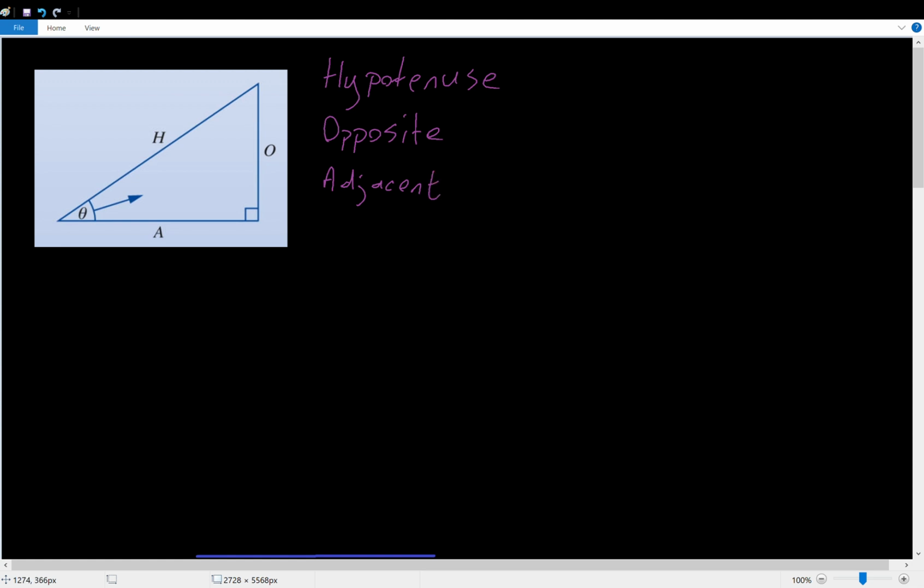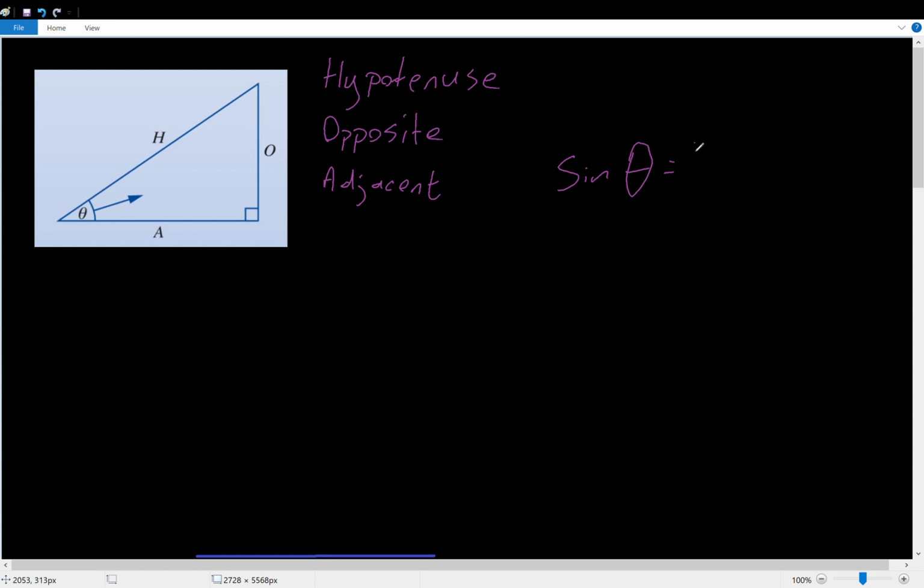So now that we've got the sides named, we're going to take a look at three specific ratios that exist between these sides in relation to that angle theta. The first we're going to look at is the sine of theta. The sine of theta is what you get when you put the length of the opposite side over the length of the hypotenuse.